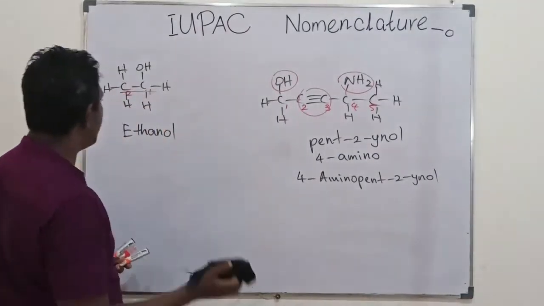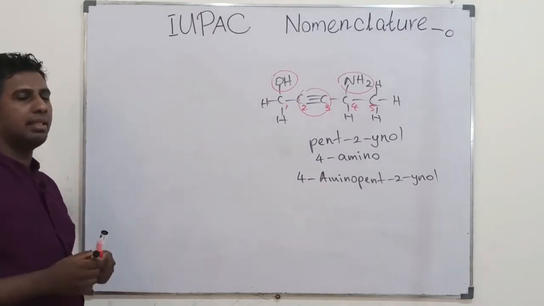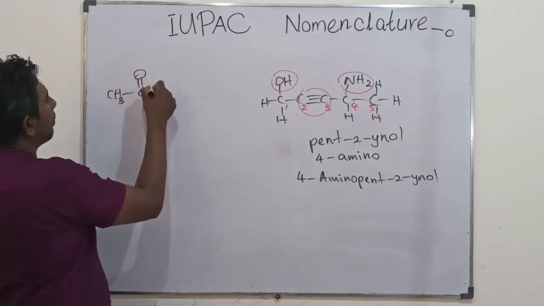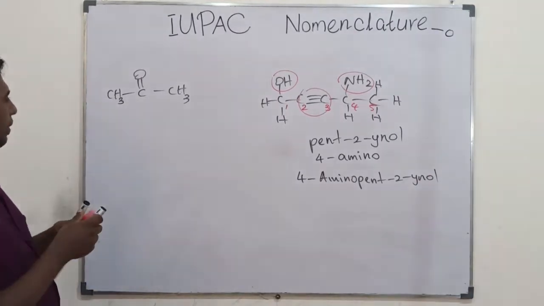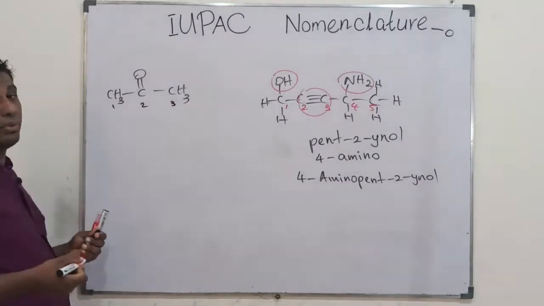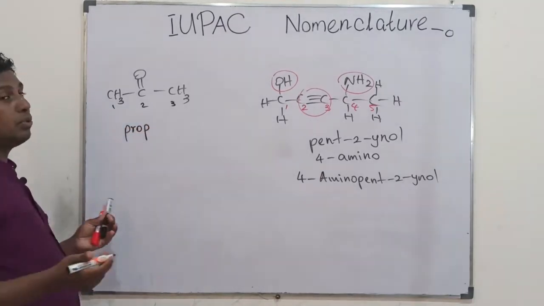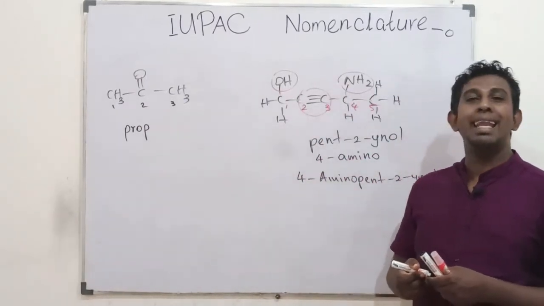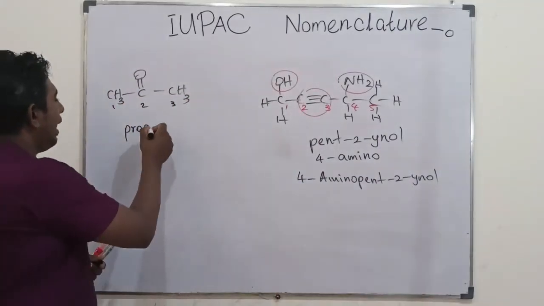Okay. Let me give you another example. At this time, I will take a different one. I will take this kind of molecule. It's a ketone, the functional group found. So it's three carbons, 1, 2, 3, the way you could number it. So it's three carbons, therefore prop. You do not have a carbon-carbon double bond or triple bond. Therefore, it's not an alkene as well as alkyne. It's an alkane, A-N-E.